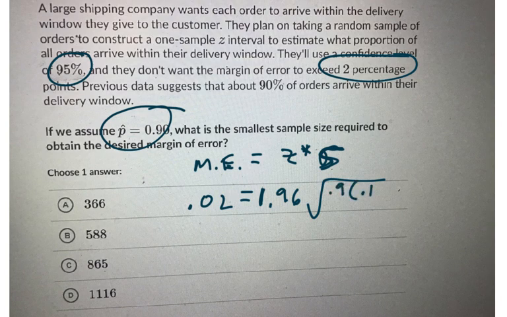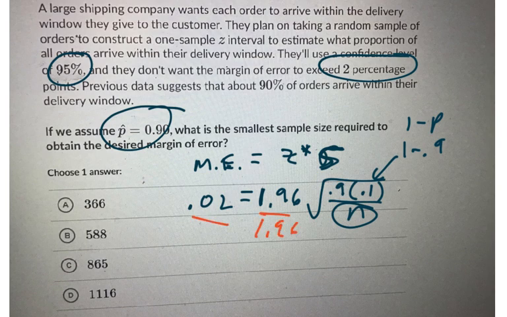We're going to times that by 0.1 because this is 1 minus 0.9, 1 minus the p, divided by our mysterious sample size. So now it's just a matter of grabbing our calculator and solving for n here. And we've done it numerous times. So let me just walk you through with the calculator. First, we're going to divide both sides by 1.96.